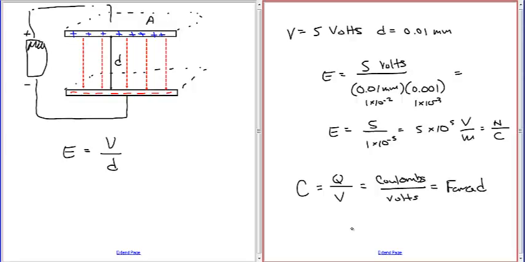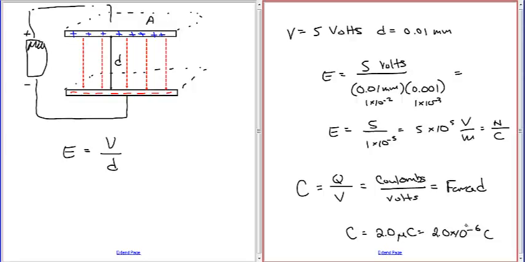And remember, if you're given a charge like 2 microcoulombs, a lot of times things are in microcoulombs, that's going to be 2 times 10 to the minus 6 coulombs. So you've got to always convert. This is just a way of more easily writing it instead of 0.000002.